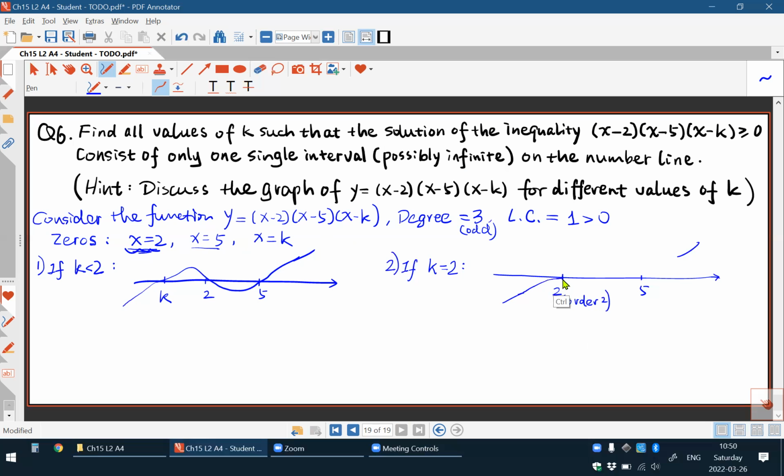So first of all, the function will bounce back because it does not change sign at any zero that has an even order, right? It will bounce back and then go to the next zero with order one, so it will change sign. Then it will go all the way like this, right? So this is a sketch of the function if k is exactly 2.